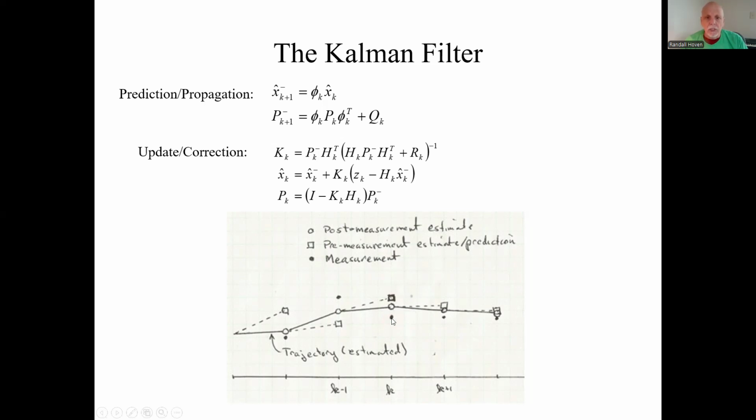And then our gain says how much to balance those two. How much do we want to correct our estimate by weighting between what we measure and our predicted state. And we'll say it's this little circle here. And then at that time, we propagate up to the next time, k plus 1. We get to this square, which is a prediction. Get another measurement down here. The gain balances the two, and we have an updated state, post-measurement k plus 1.